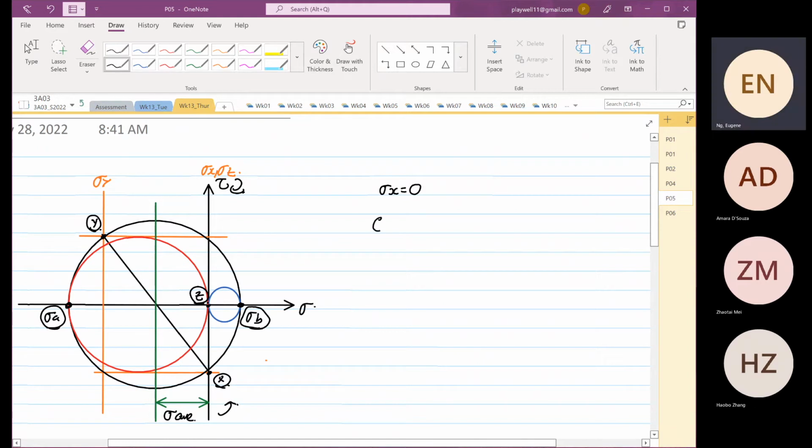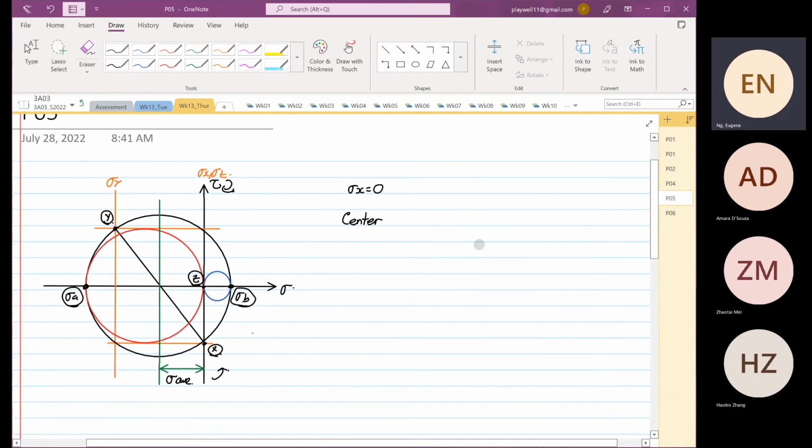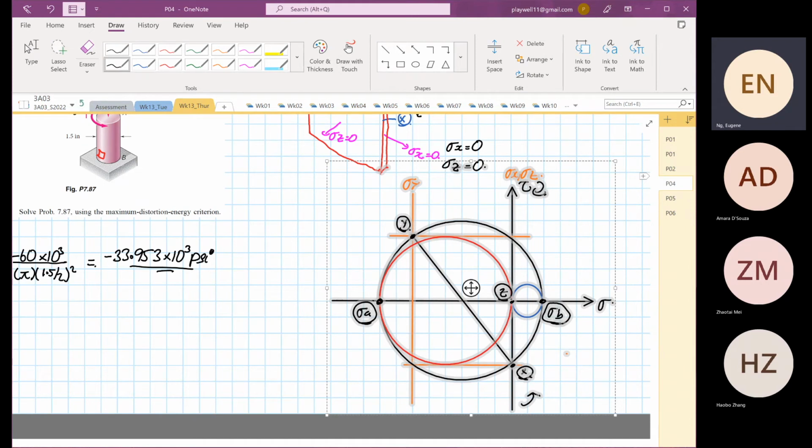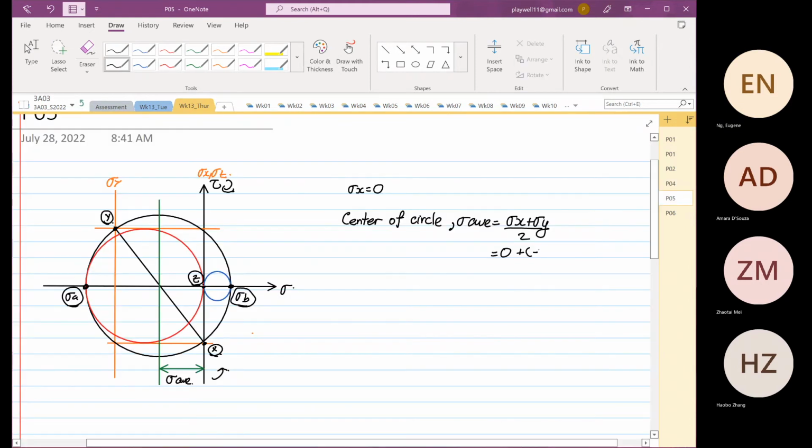So the center of the circle, which is our stress average, is equal to stress X plus stress Y divided by 2, 0 plus minus 33.953 times 10 to the power 3 divided by 2.